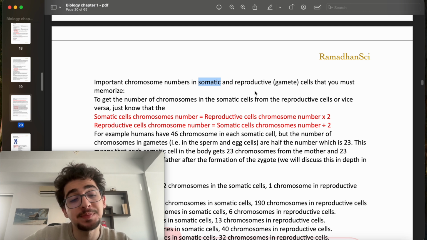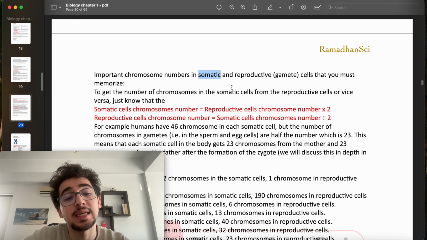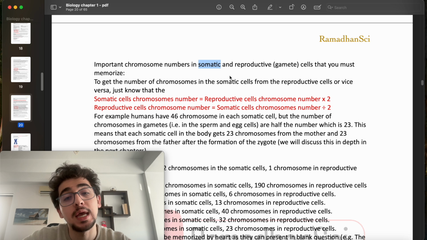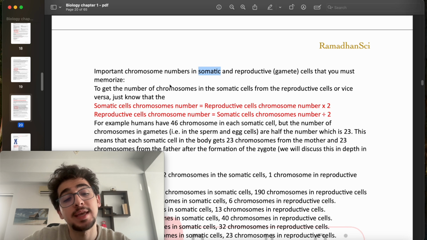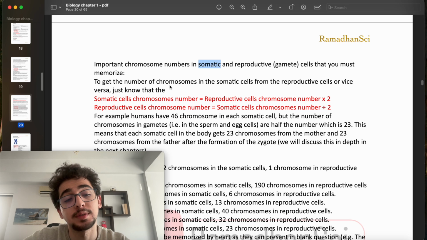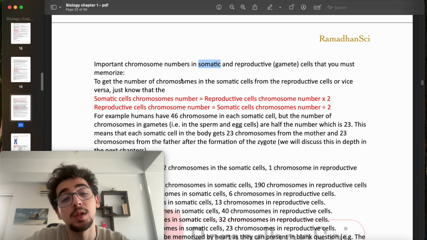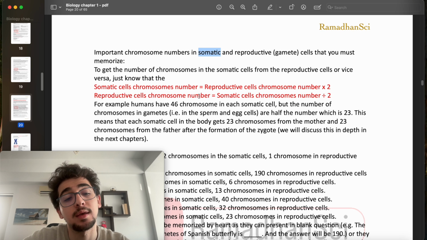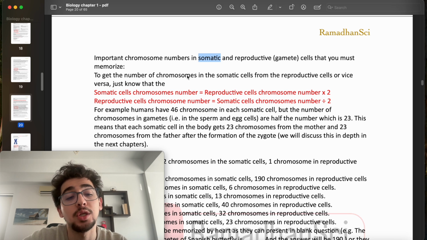So when the sperm cell meets the egg cell during reproduction, it will form something we call a zygote. The zygote will ultimately have two sets of chromosomes, 23 from the sperm plus 23 from the egg, and that equals 46. So it will eventually make a somatic cell to make a new individual.